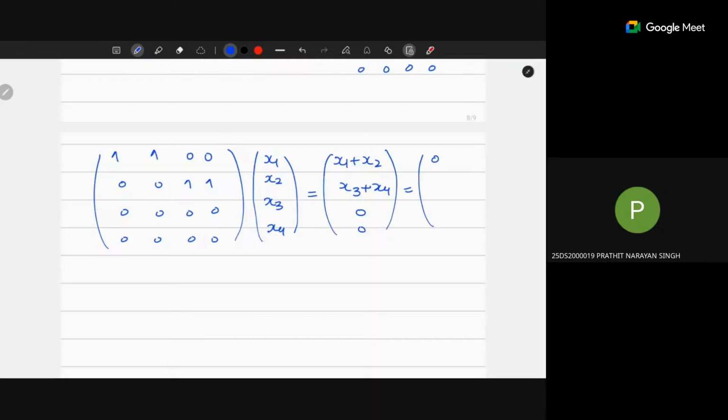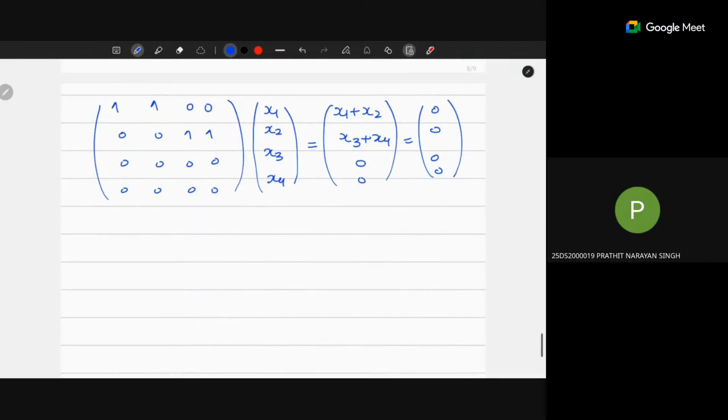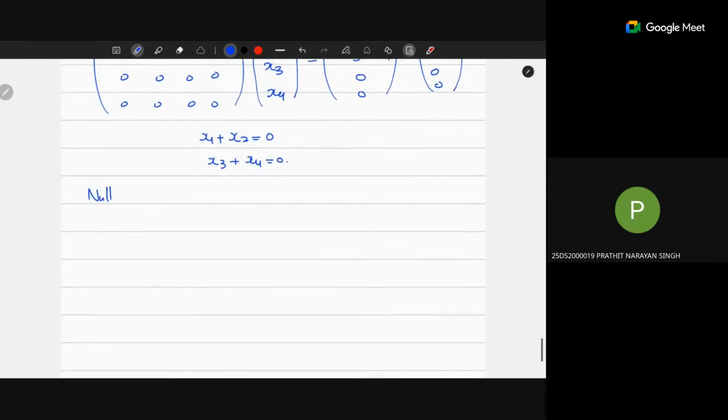That is equal to 0 0 0 0. So in particular, x1 plus x2 is equal to 0 and x3 plus x4 is equal to 0, and we write the null space of A as the set of x1, x2, x3, x4 such that x1 plus x2 is 0 and x3 plus x4 is 0.